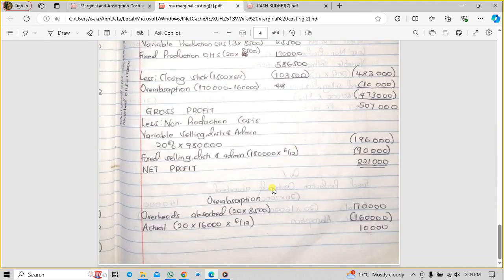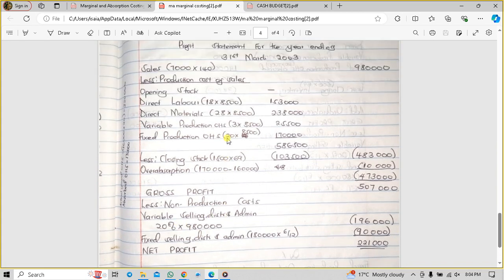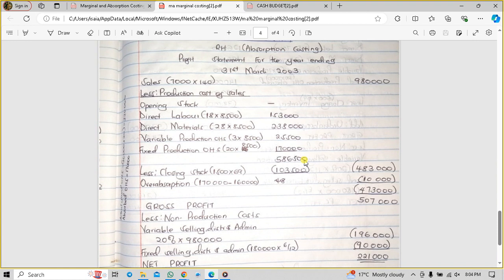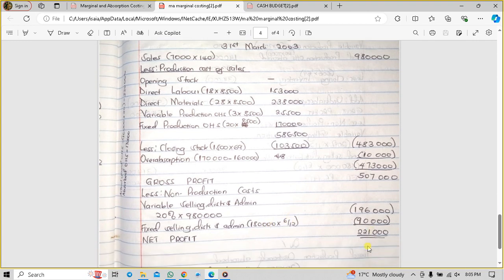Therefore, we are going to say that variable selling and distribution expenses will be 20% of the sales, which is 980,000. Fixed selling, distribution and admin will be, we were given 180,000 per year, so we just say 180,000 times 6 over 12. Then we subtract. From there, we get what is called the net profit.